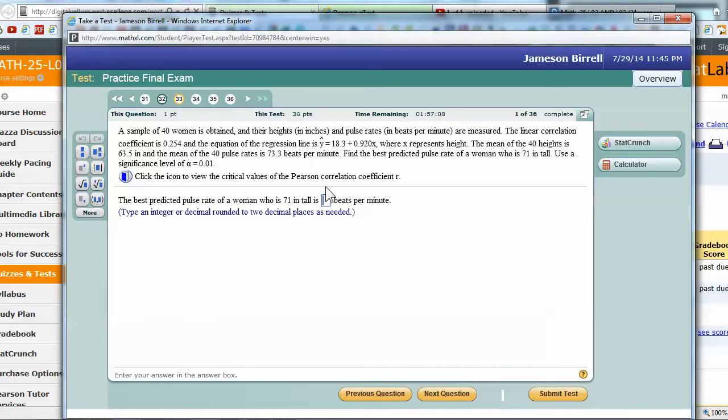So even though we don't have the original data, they have at least found x bar and y bar. Find the best predicted pulse rate of a woman whose height is 71 inches tall. Use a significance level of 0.01.